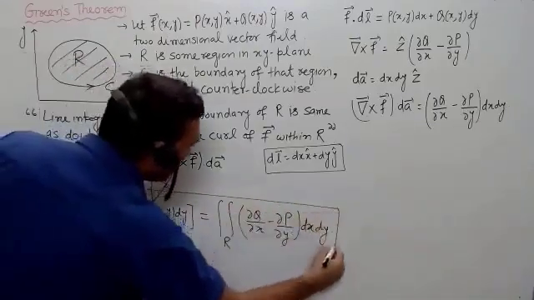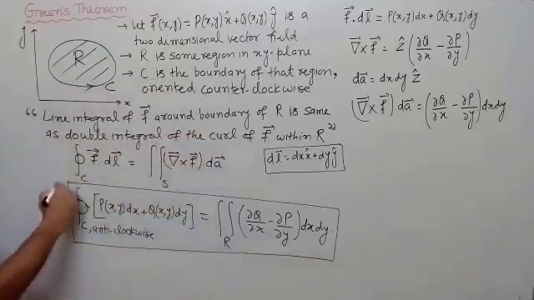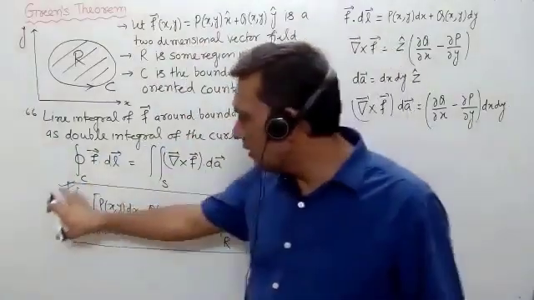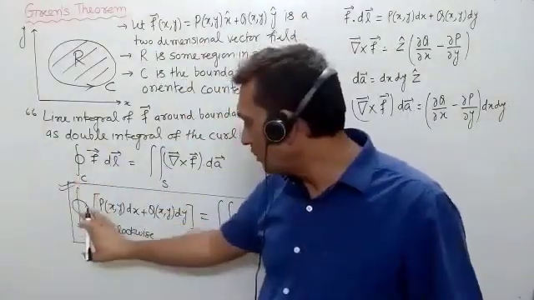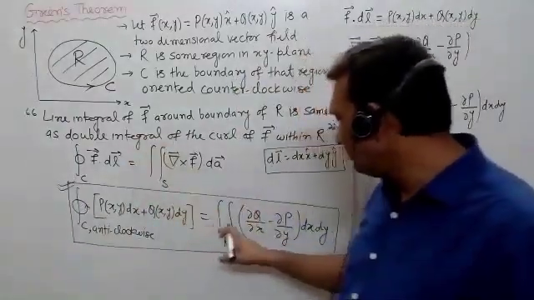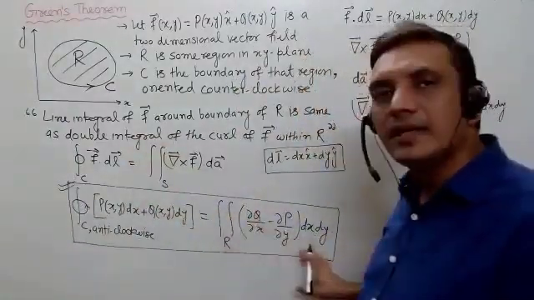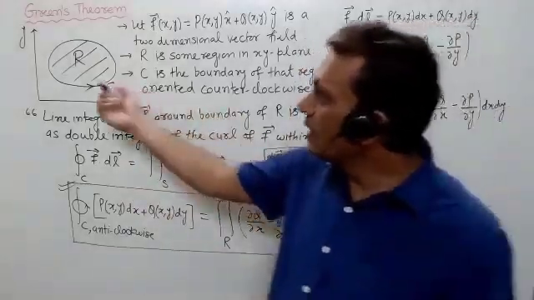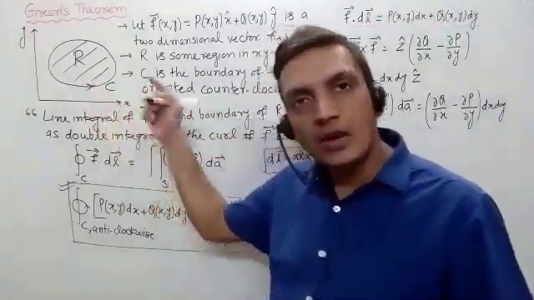So whenever you have to find the left hand side, normally you have to find this closed line integral. So functions P and Q will be given. Then using Green's theorem, you just have to find the right hand side, and you will get this integral. This direction will be either anti-clockwise or clockwise.